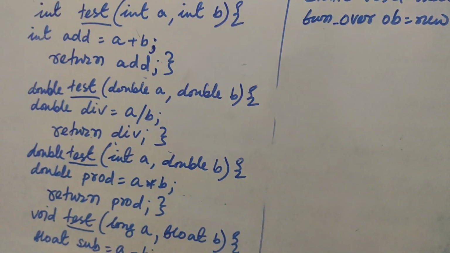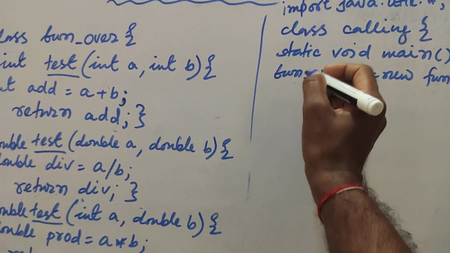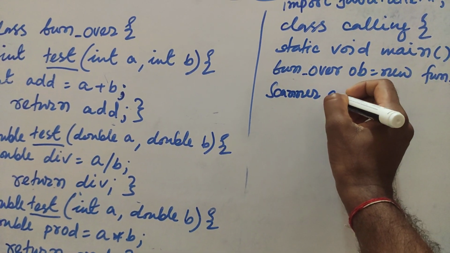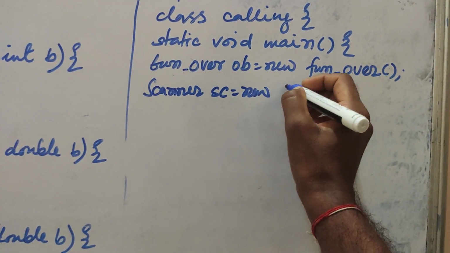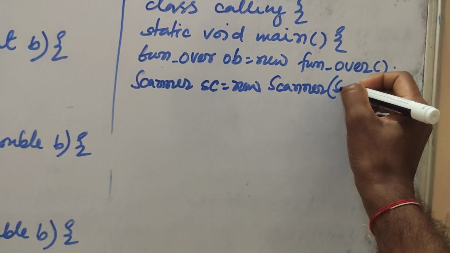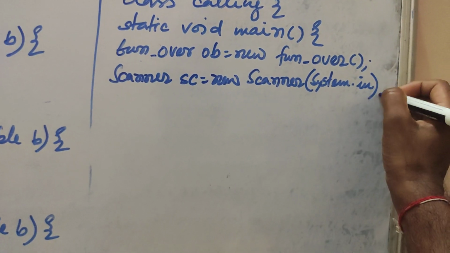Suppose any one I want to call, suppose first one I want to call. So first scanner object, new scanner system dot in.